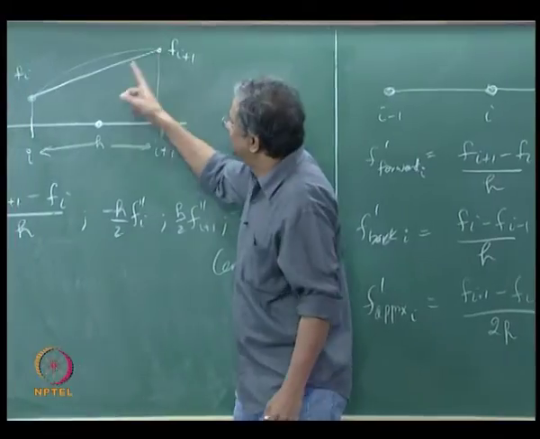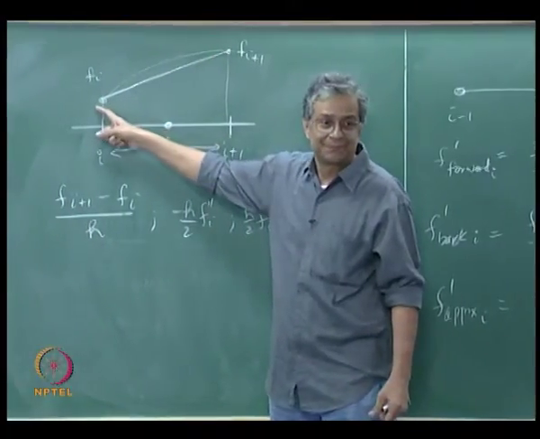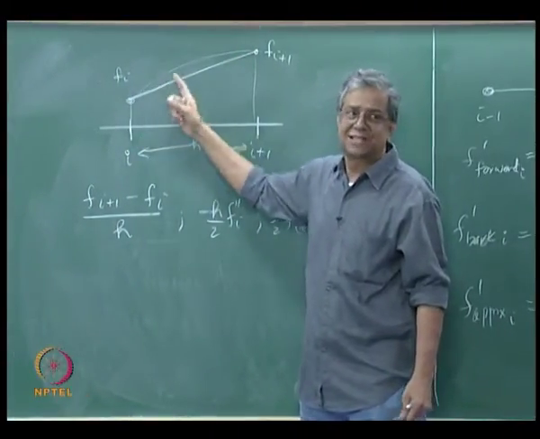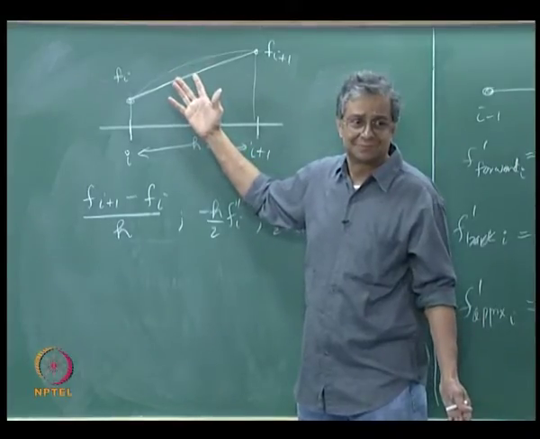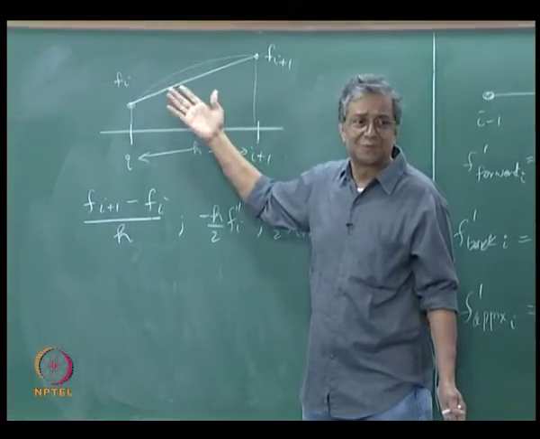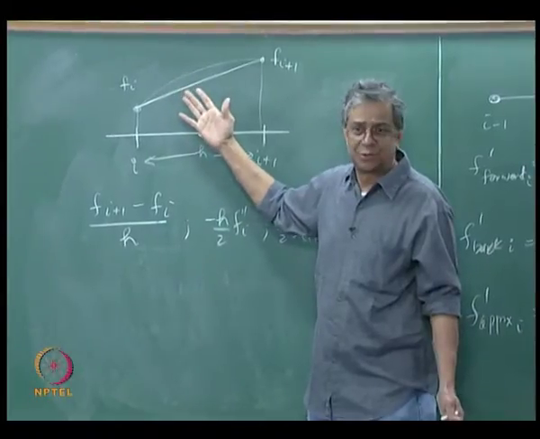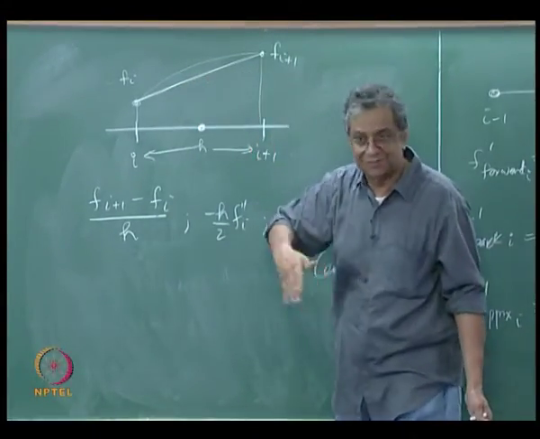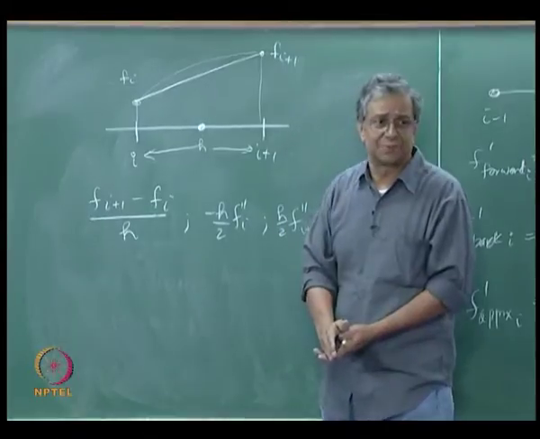So this line joining them, the function is tangent to it at some point. The problem is we do not know where. If you give me the point at which it is tangent, then I have the exact derivative at that point.